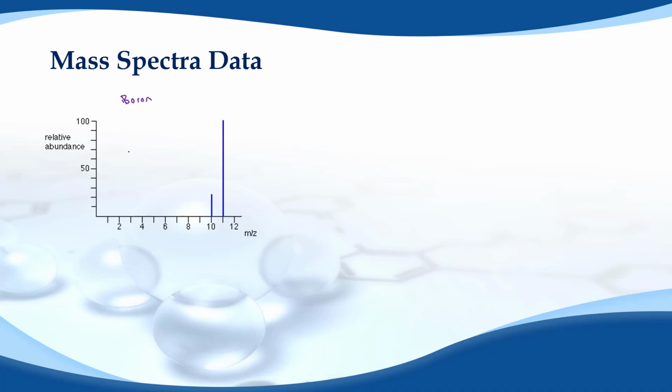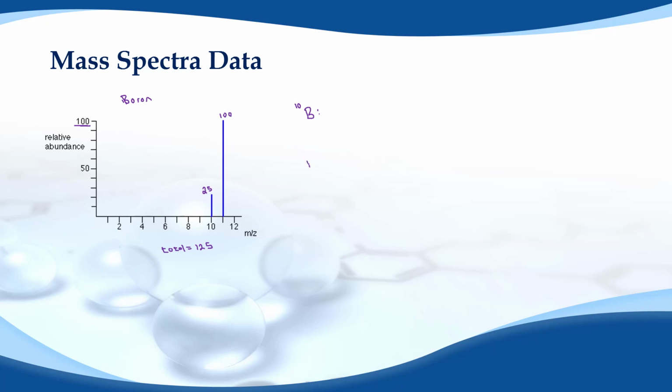One thing to pay attention to is the scaling of the graph. Sometimes it's scaled where everything adds up to 100, and you can just take the number and work with it. In this case, though, the two bars don't add up to 100. They add up to a little bit over 100 because they got normalized. This isn't that much harder to work with. The percent abundance is the fraction attributed to each bar based on the total.